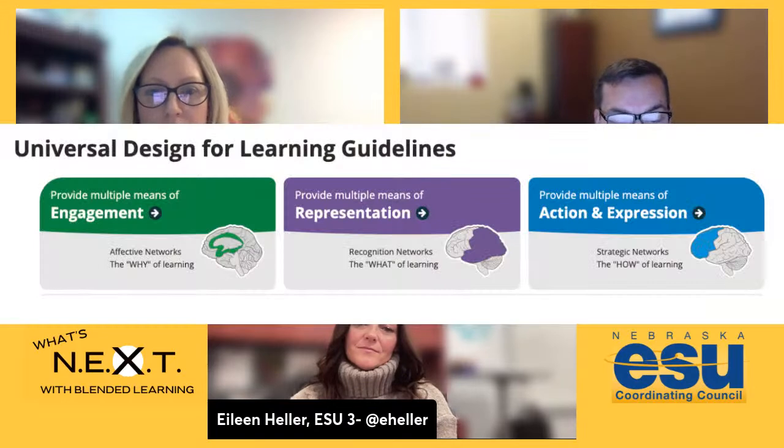And then the last one is action and expression. This is where we set goals, monitor and track progress toward goals, engage in metacognitive skill building through self-assessment, and demonstrate knowledge in a variety of ways. To break this down, it's really that goal setting process. One of the examples that I like to use, Tony Vincent has a really cool thing that he calls show what you know.